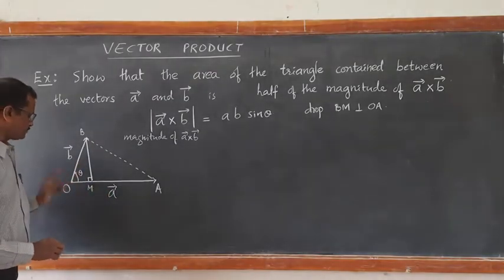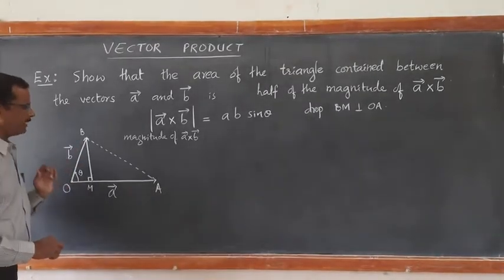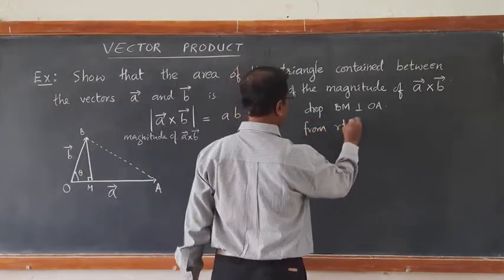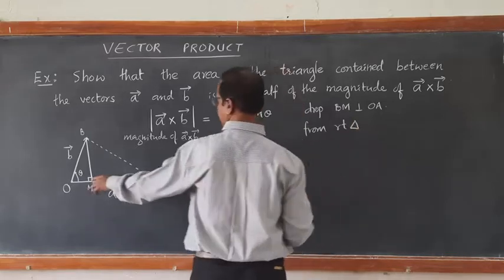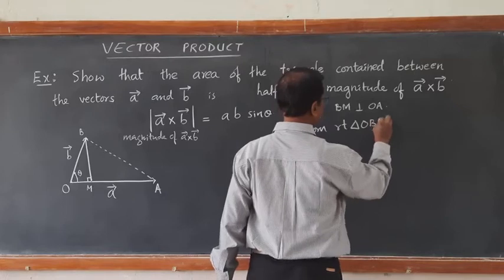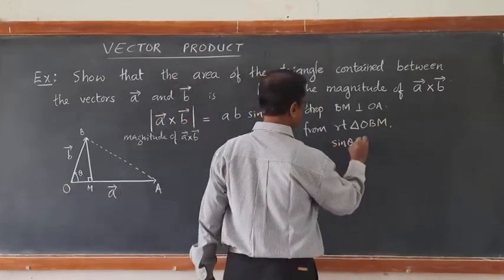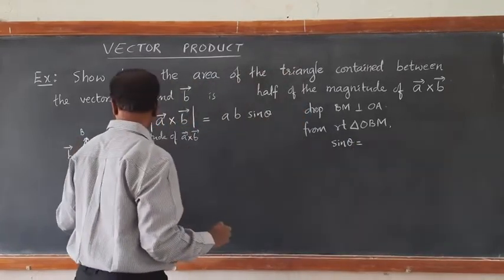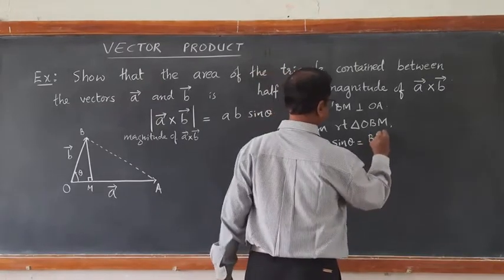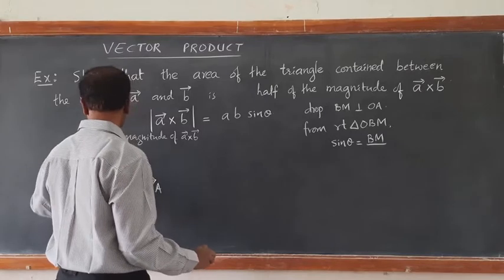So what is BM from the triangle? Look at this right angle triangle OBM. What is sin theta? Sin theta is equal to opposite, BM, divided by hypotenuse.